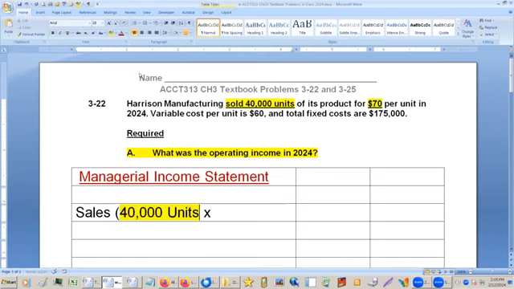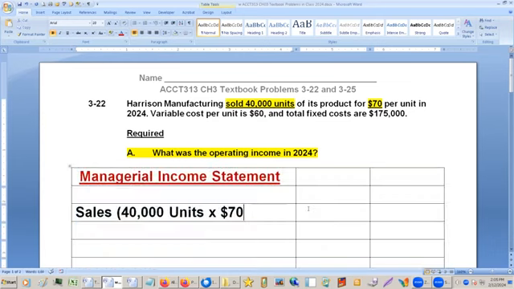Okay, so 40,000 units at $70 each. And so that's how much money came in. $2,800,000. So this is money coming in.